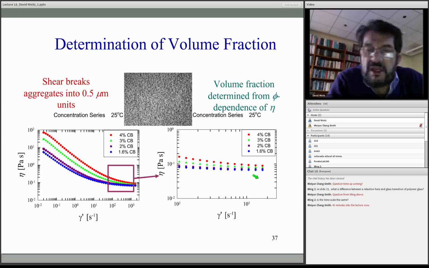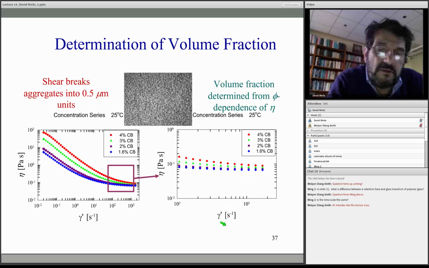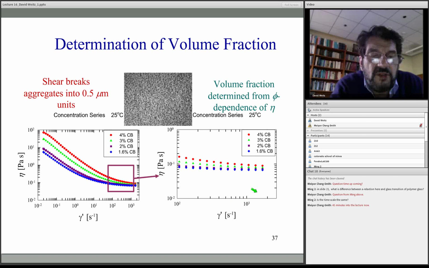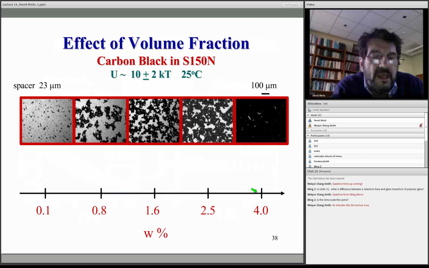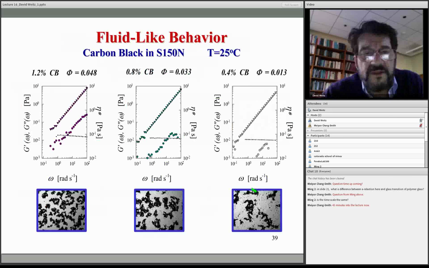You can use the theory due to Einstein, or the theory due to Batchelor, or any theory that says how the viscosity changes with volume fraction. It changes relatively slowly, but it is noticeable. And you can use that then as a conversion factor to go from weight fraction into volume fraction. That's shown here. So that's how you measure the volume fraction of the system.